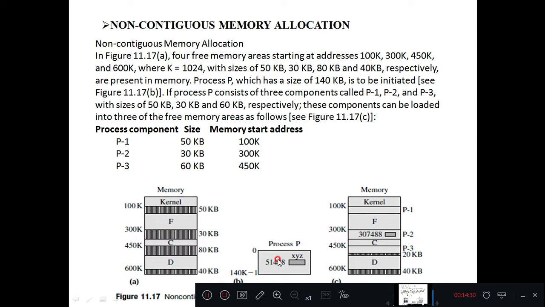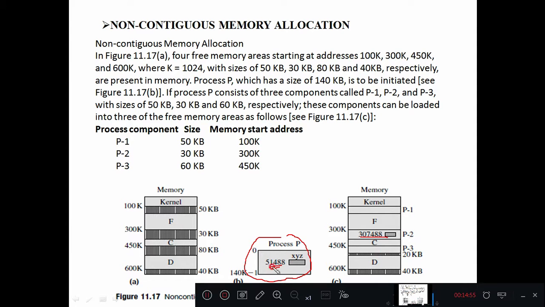So the user can see this data in a logical address space with the address of 51,488, but it is actually stored in a computer system in a hard disk, or you can say a physical memory, at this memory location, that is 3,07,488.